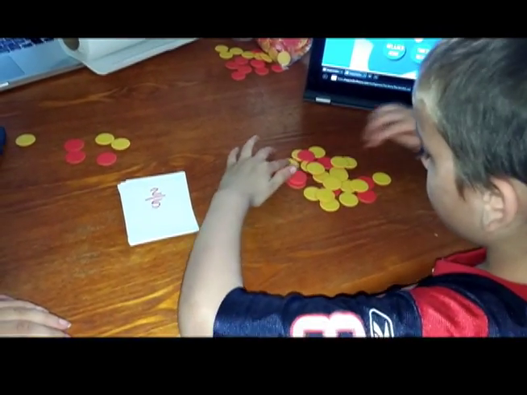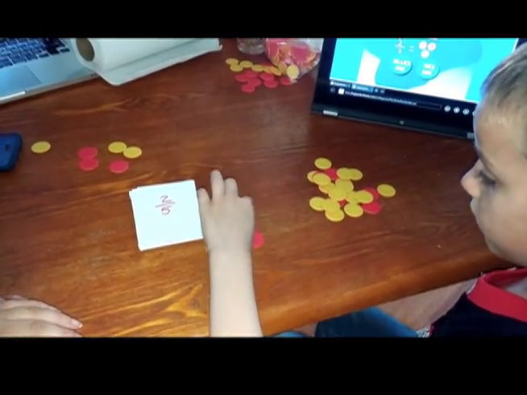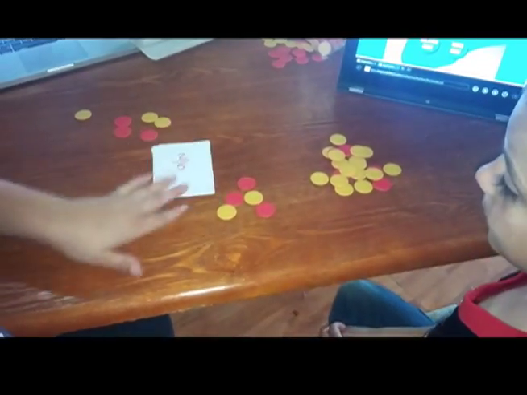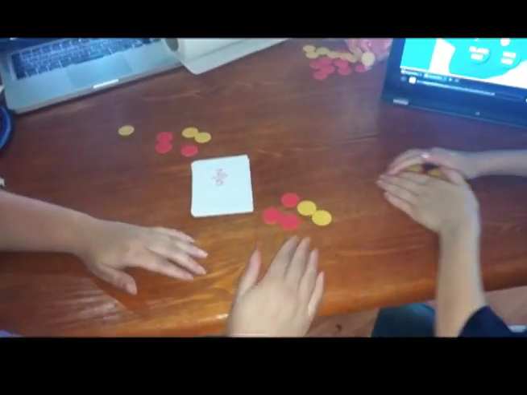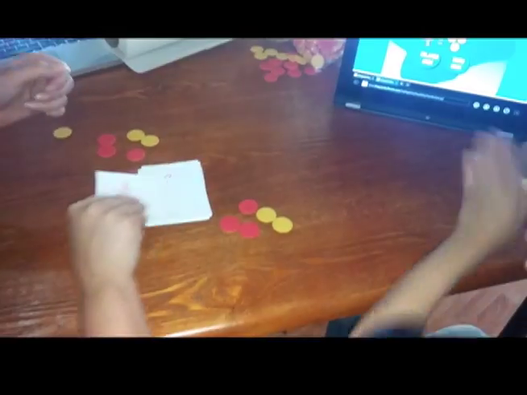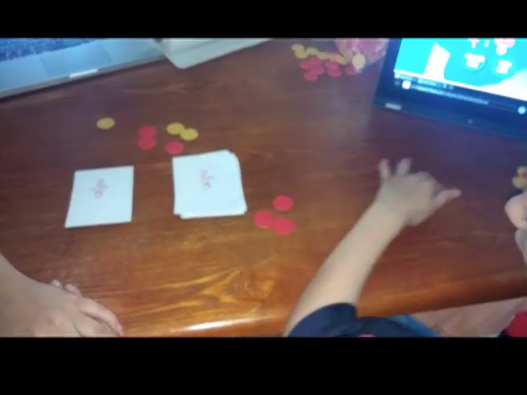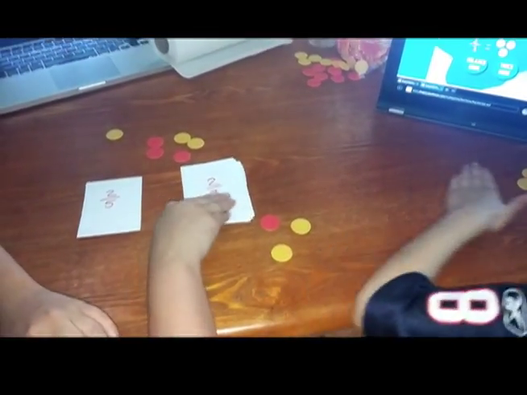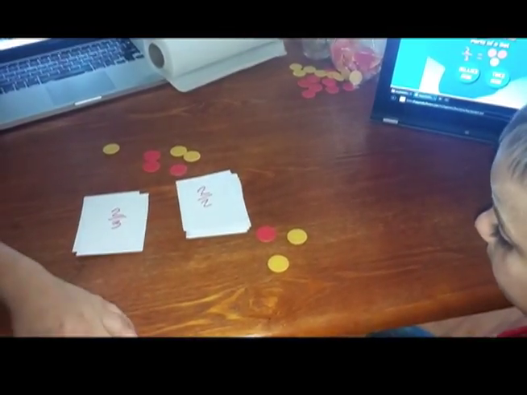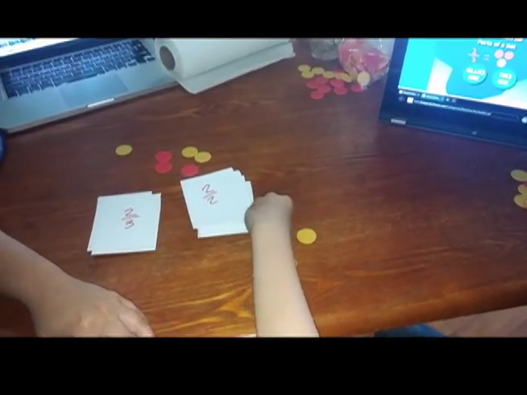1, 2, 3, 4, 5. So we have 2 fifths, and you said this represents 2 fifths. Okay, what about 2/3? How can we represent 2/3? Very good. And 2/2, which is what?